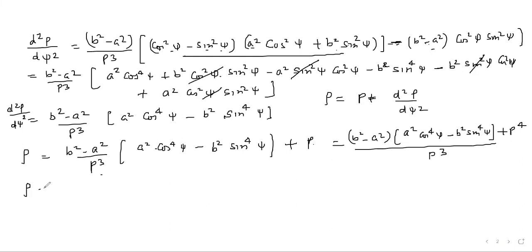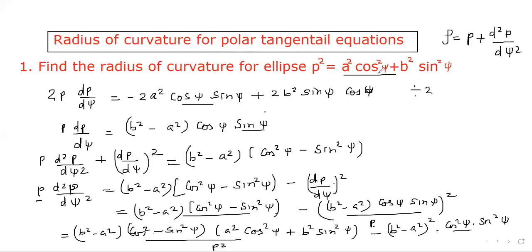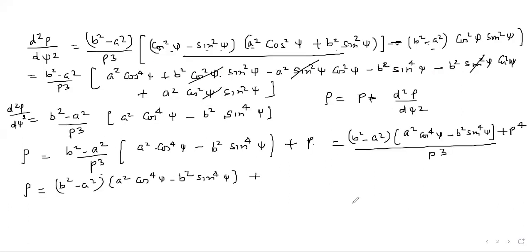So we will get the radius of curvature equal to (b² − a²)(a² cos⁴ψ − b² sin⁴ψ) plus the square of p. So p⁴ will be a⁴ cos⁴ψ + b⁴ sin⁴ψ plus 2a²b² cos²ψ sin²ψ, divided by p³.